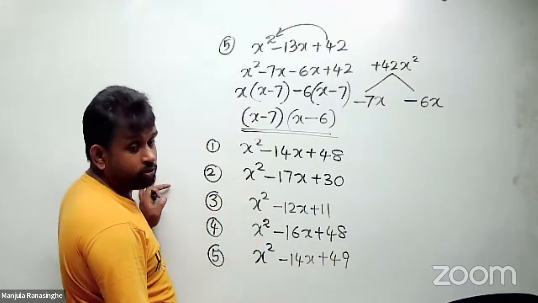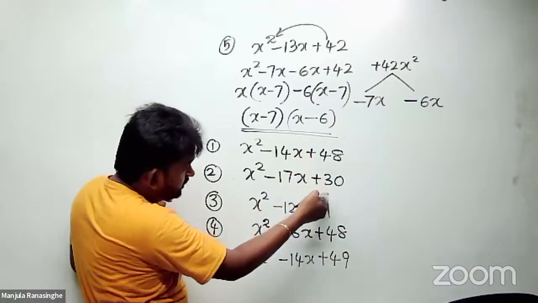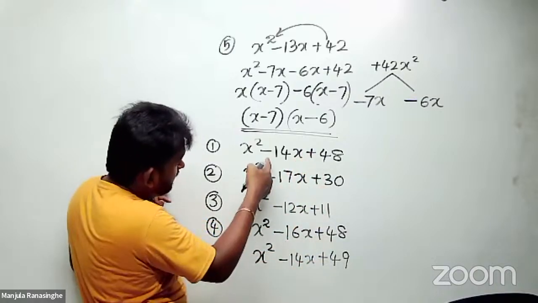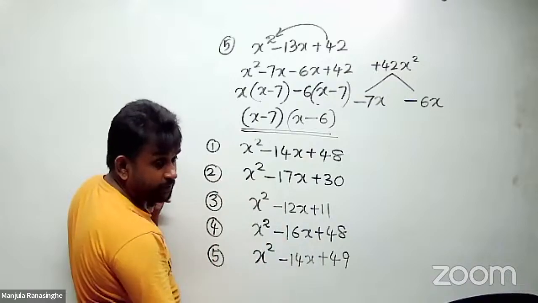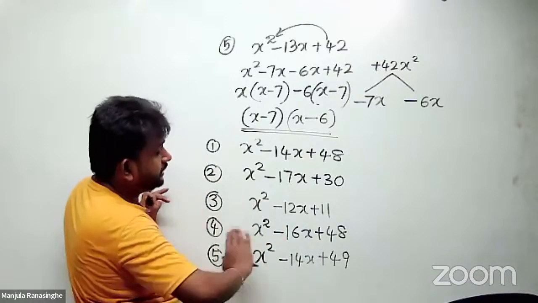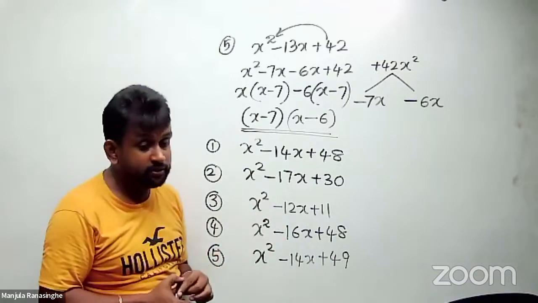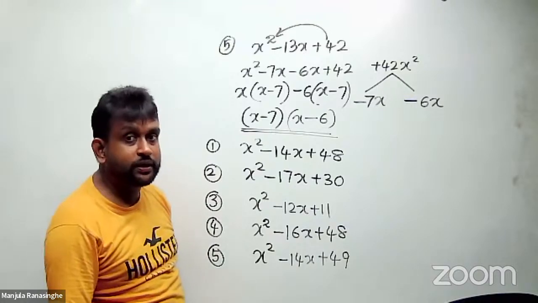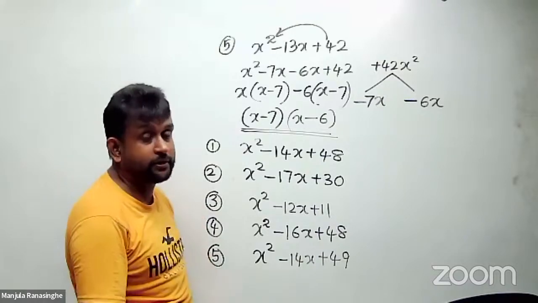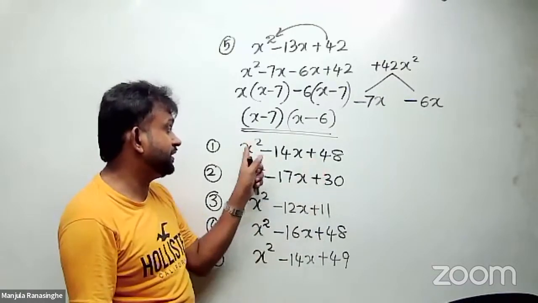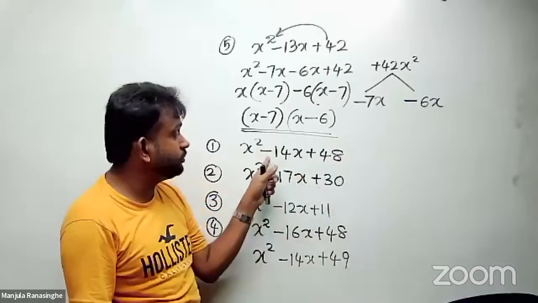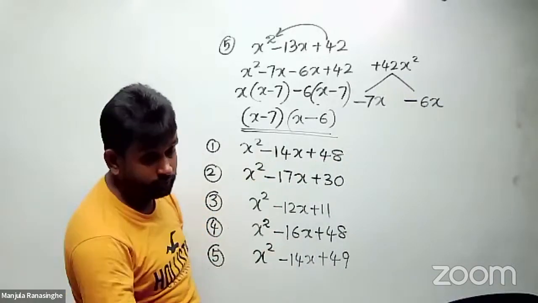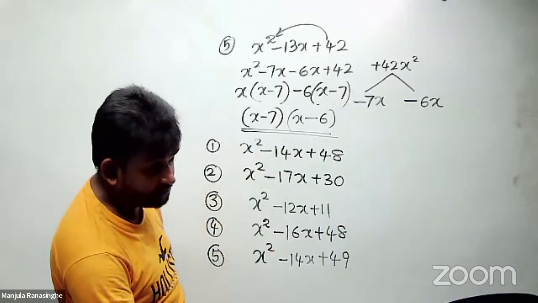So here all have the last constant term positive and the x term negative, in that category. Complete these five. I did 5 examples for you and now you have to follow with 5. So always take the product and see the sum to be the middle term.